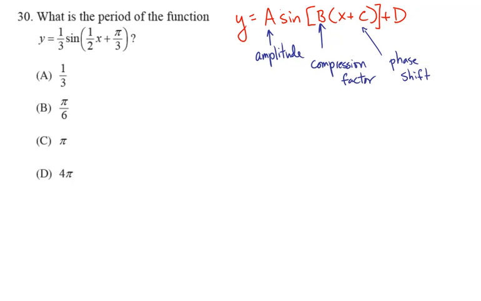C is called the phase shift, and that controls the horizontal shift or the horizontal displacement of the graph. And D would control the vertical shift.